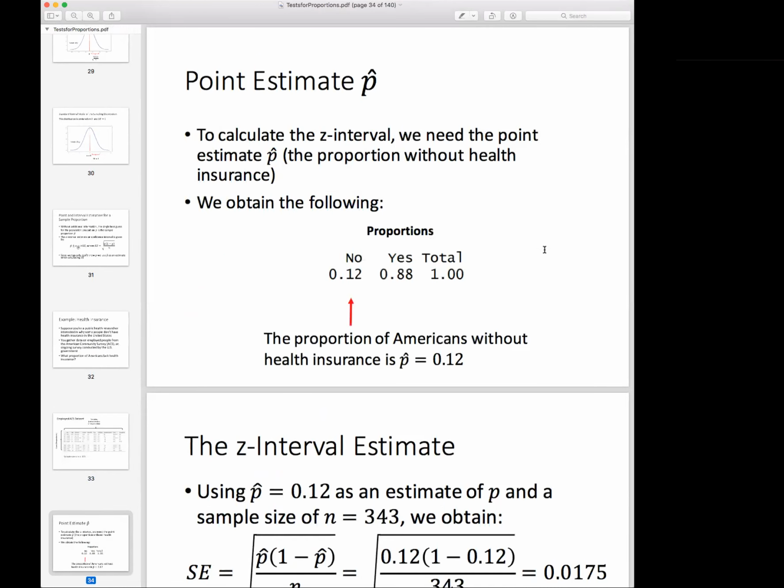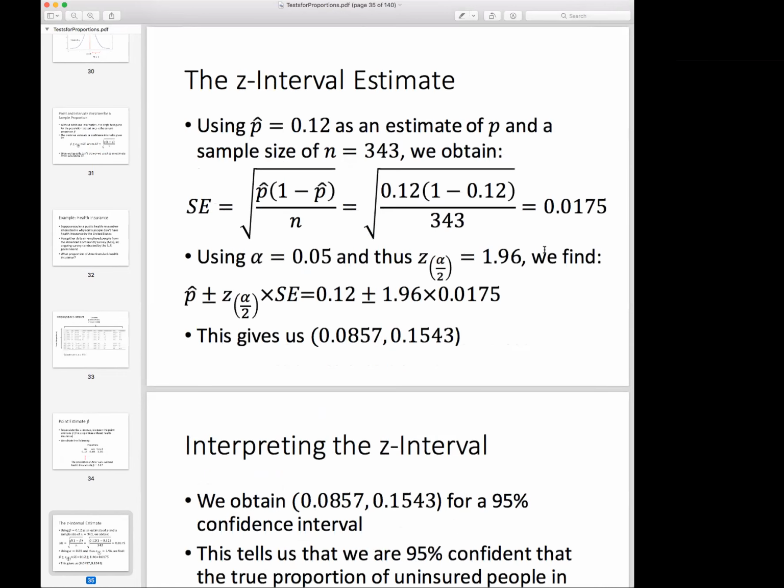And to calculate the z interval, we're going to use the point estimate of 0.12 to be the proportion of Americans without health insurance. And we know the sample size is 343, so we can find the standard error from our formula.